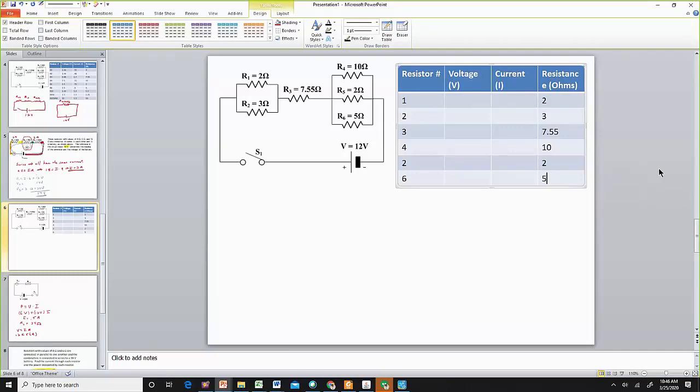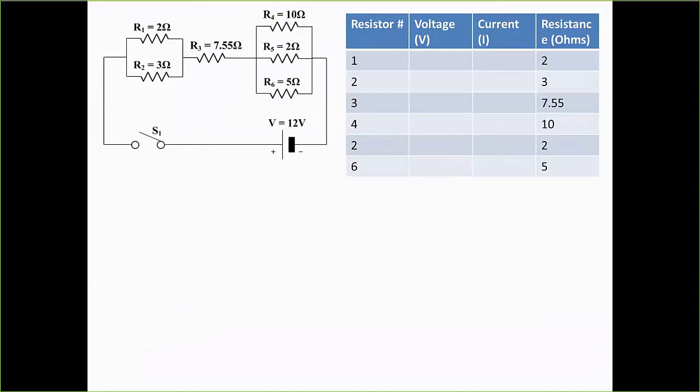Now I have these 6 unknown voltages and 6 unknown currents. But now this is where I need to start reducing, doing the resistors in series and in parallel to get equivalents.